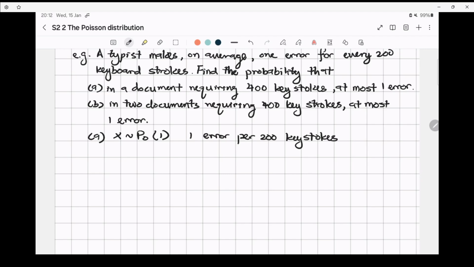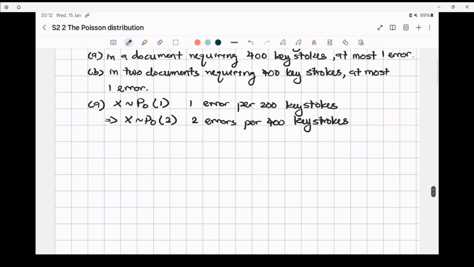So for question A, because you are doing 400 keystrokes, what you would do is to remodel it by ratio. So this will be 2 errors per 400 keystrokes. So that's how you change your lambda based on ratios.